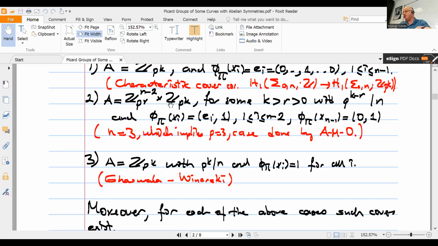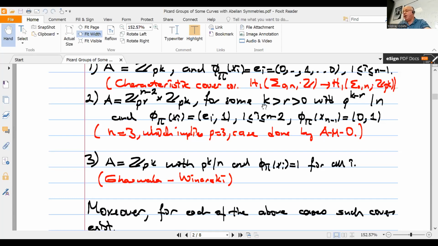In that case, the rank of the group is just one less than the number of punctures. So the rank of this group is n minus 1. And here I have n minus 2 copies of Z_p to the power r, and one copy of Z_p to the power k.